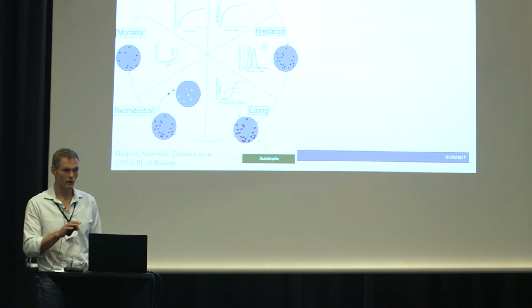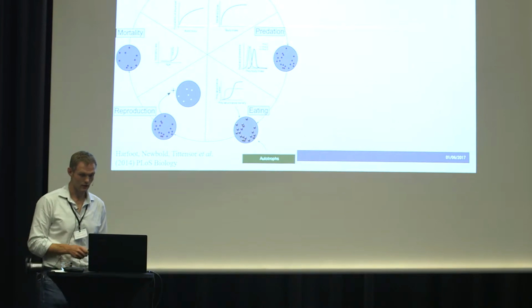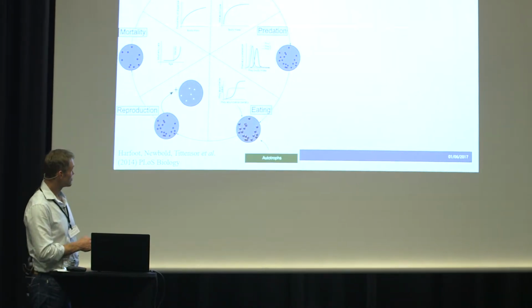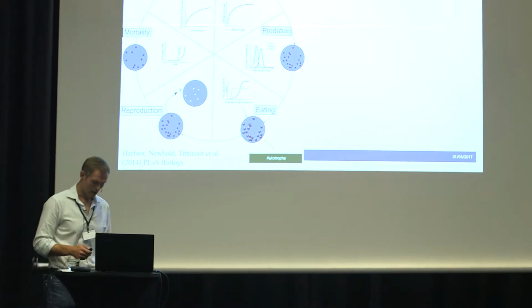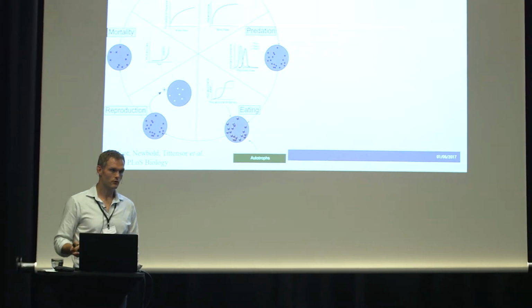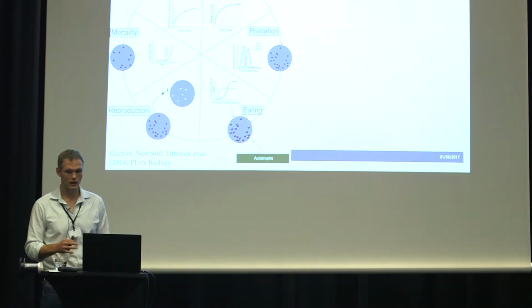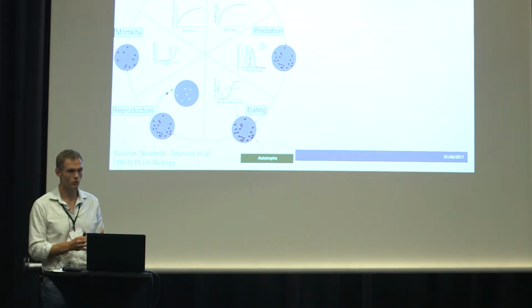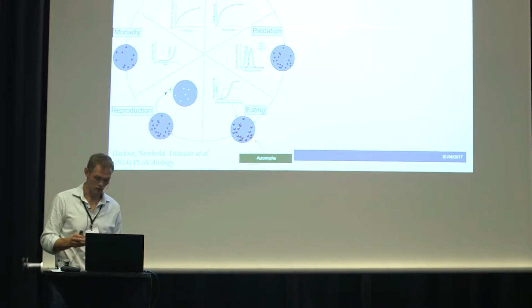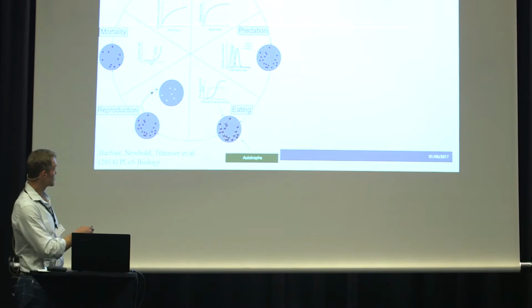For endotherms, we assume that they thermoregulate at 310 Kelvin. We also introduce in this component critical temperatures for ectotherms. So when the ambient conditions are outside some optimal temperature range, then ectotherms' ability to be active is reduced. So there's a temperature dependence on the metabolic rate.